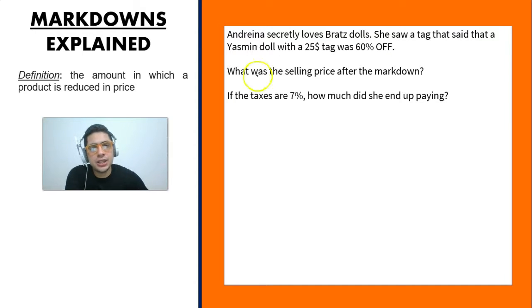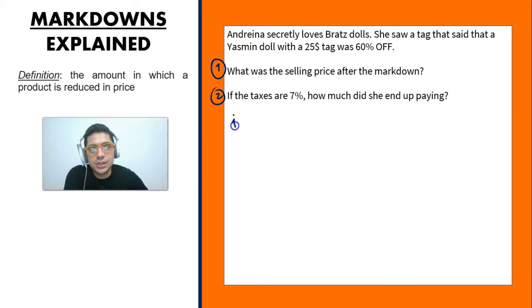The first question is, what was the selling price after the markdown, so what is the selling price after the discount? And the second question is, if the taxes are 7%, how much did she end up paying? Remember, you do not pay exactly the amount that the good cost, because you're always going to pay a little bit extra with the taxes.